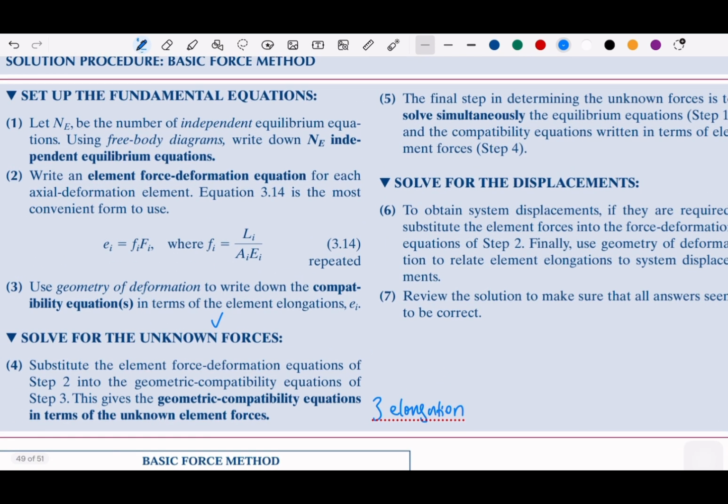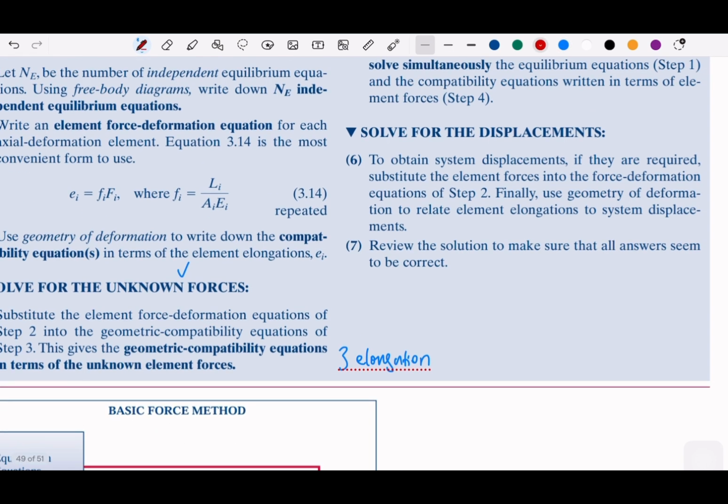And then after that, we solve simultaneously all the equations that we have from the equilibrium. Okay, so equilibrium and then the compatibility equations. Okay. So what you need is actually, you only need the equilibrium and then the elongations.